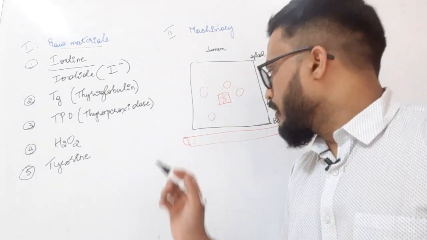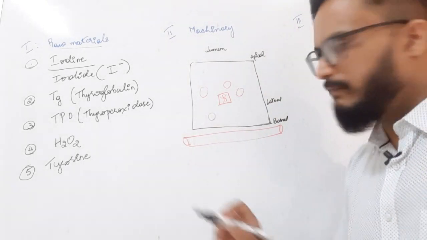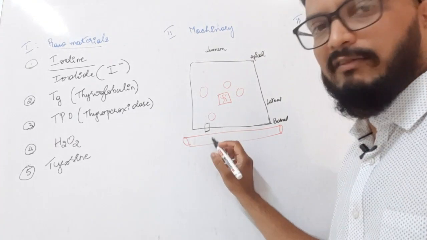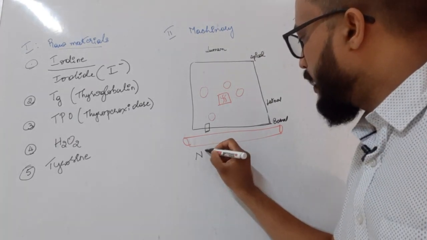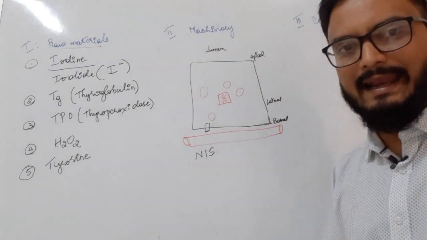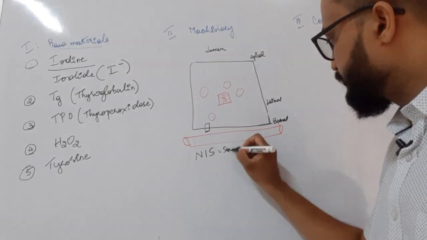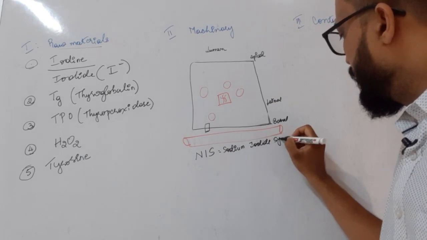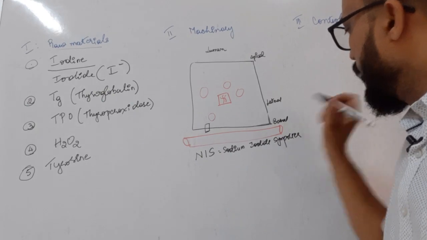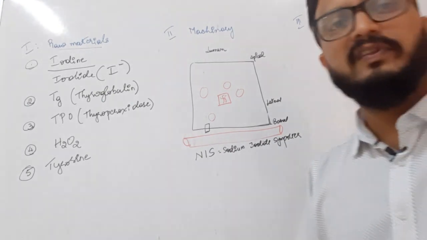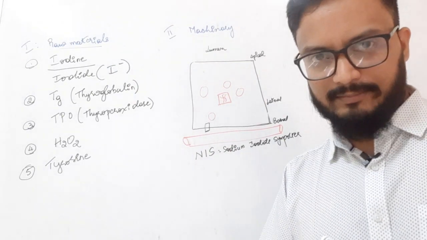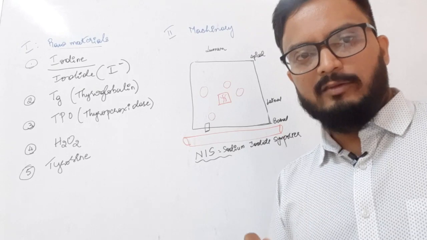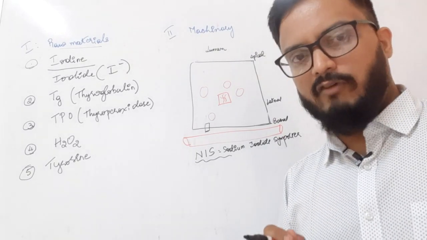For example, on the basolateral surface, we have a specialized transporter referred to as the sodium iodide symporter, NIS, which helps in the transportation of the iodide inside the follicular cell. The iodide, as I have already stated, is present in a higher concentration inside a follicular cell.